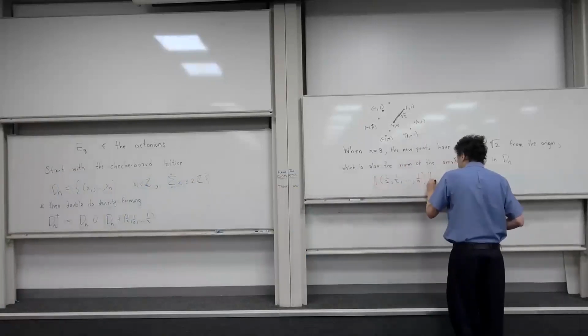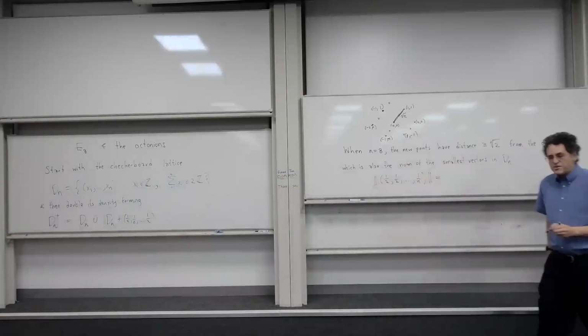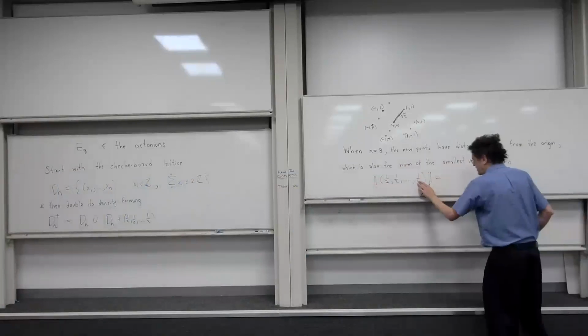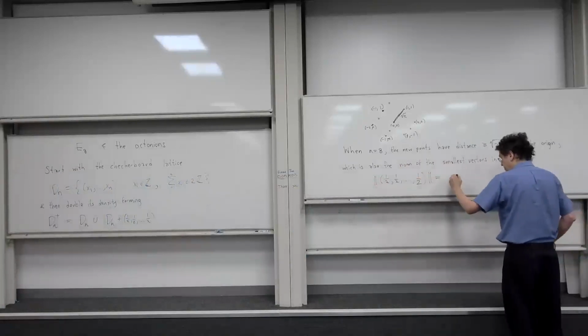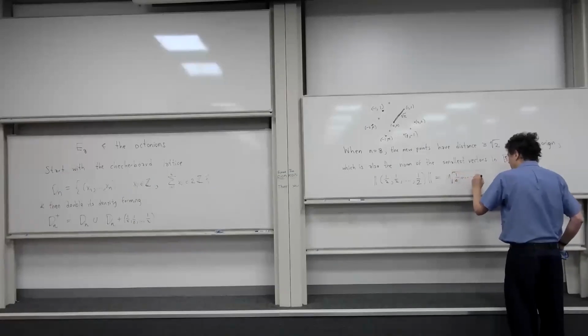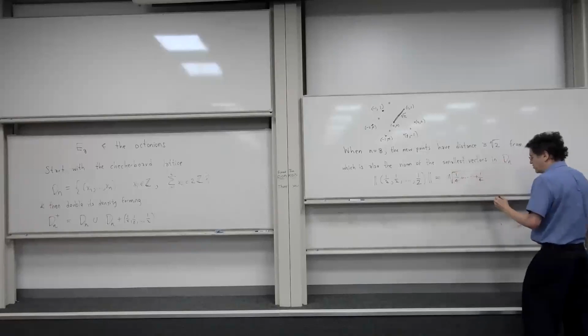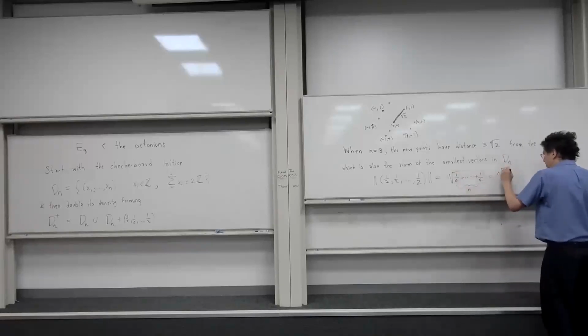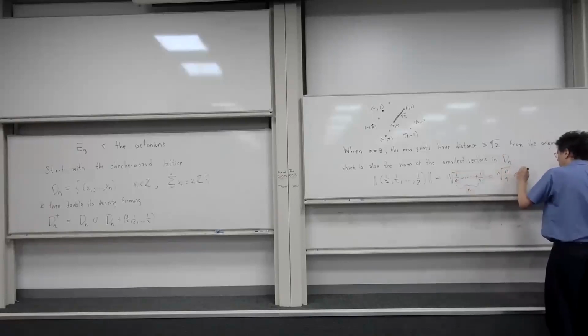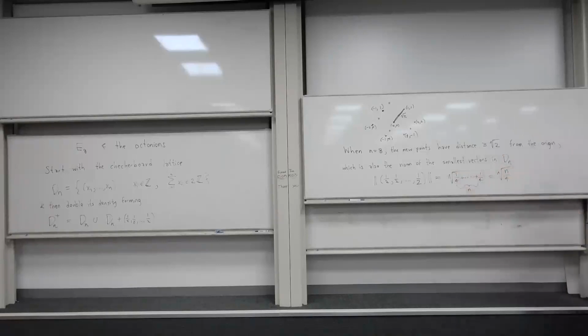If you take the length of that, you get 1/4 plus 1/4 plus 1/4, all square rooted, and you have n of them. So you get the square root of n over 4. Well, let's leave it like that. And so when n equals 8, this is the square root of 2.